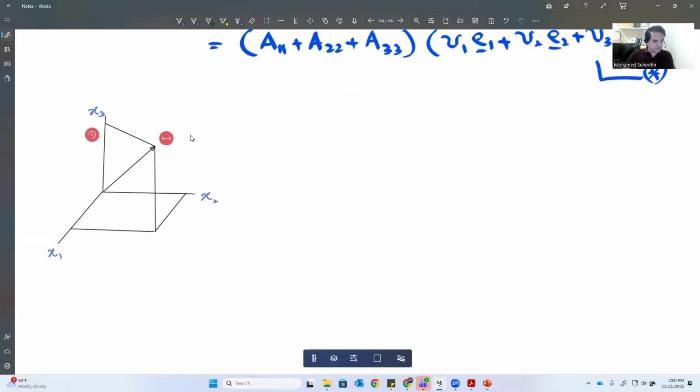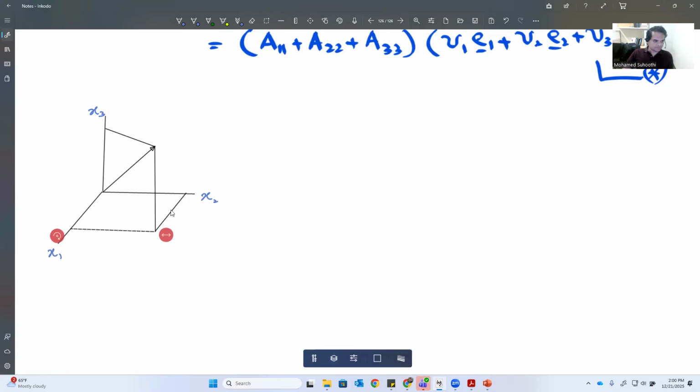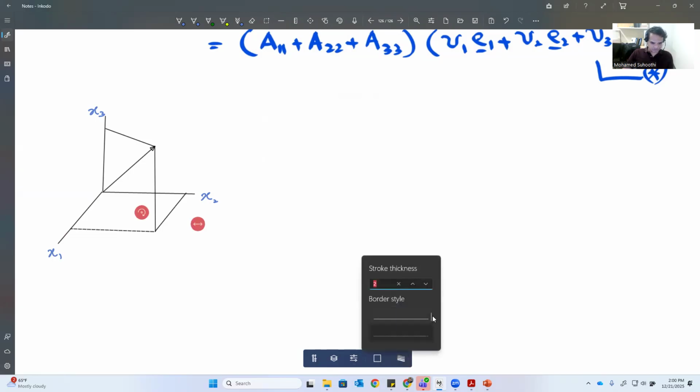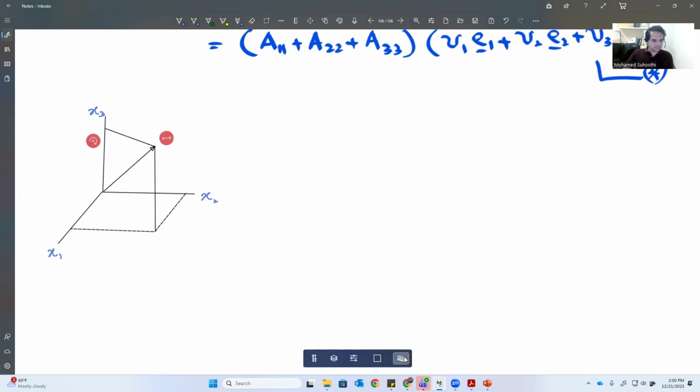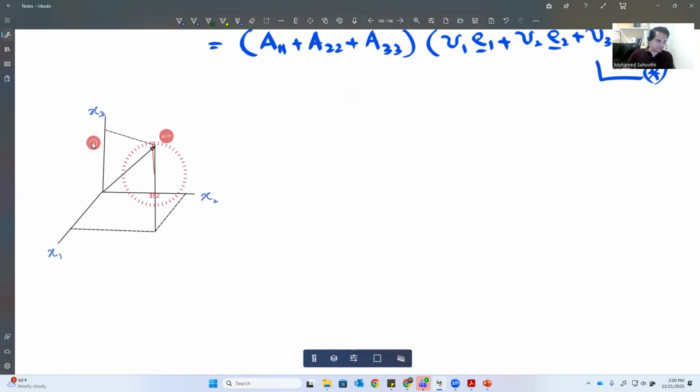Let me change it to hidden line, so this one also hidden line, and this also a hidden line. I think it is too much tilted. Let me keep it like this. Now it's fine.